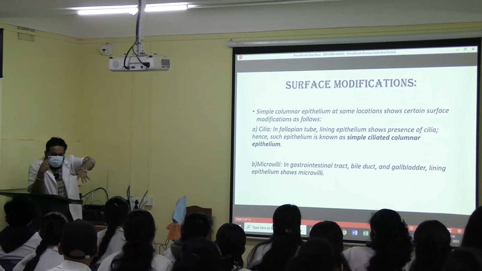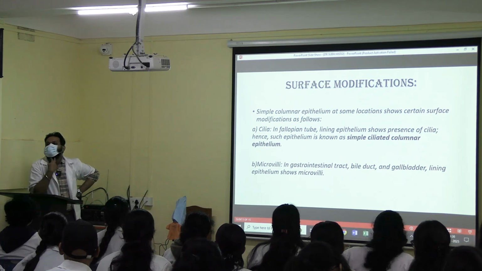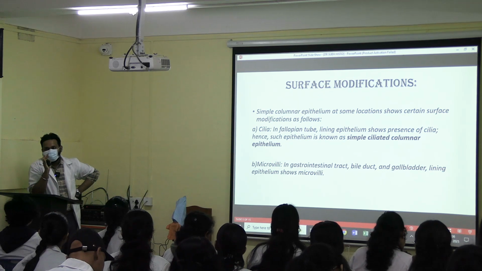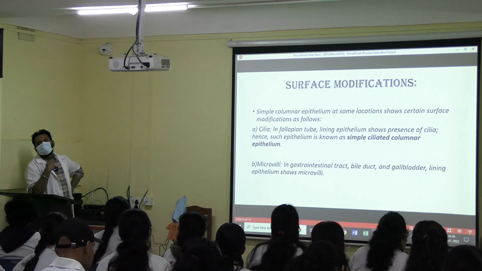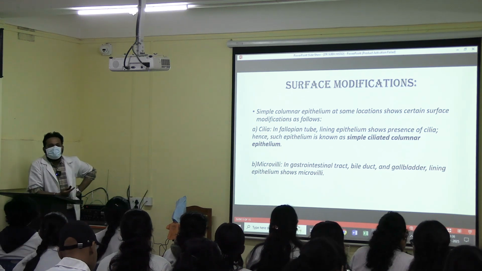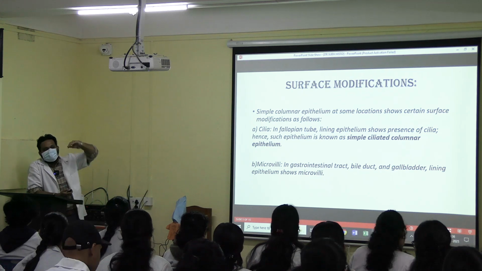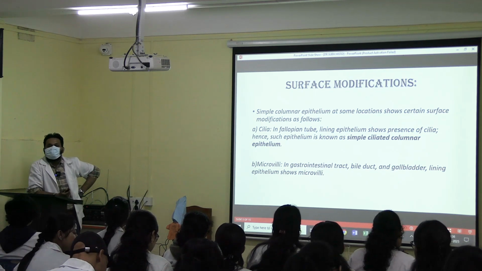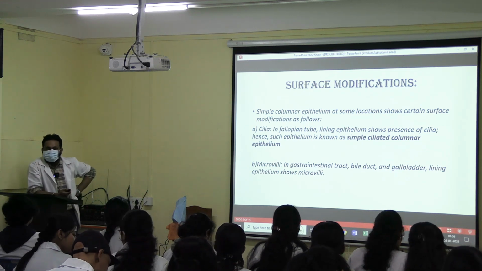It acts like a mop, like a broom. Mucus secreted in our respiratory tract, it helps to remove it. And the microvilli are present in our GI tract. What's the use? It increases the surface area and helps in absorption.